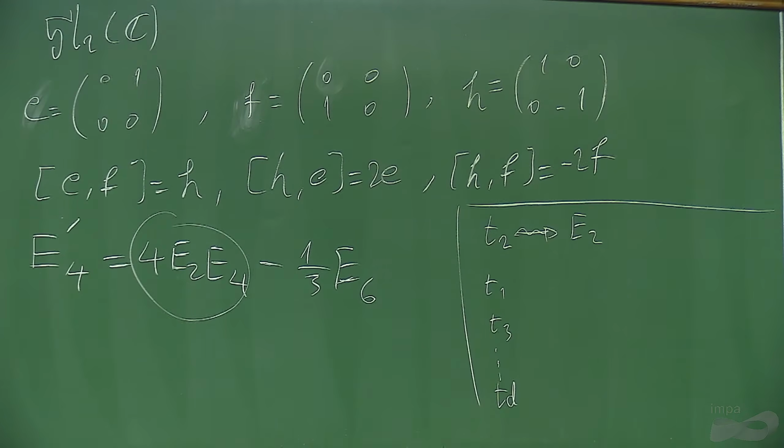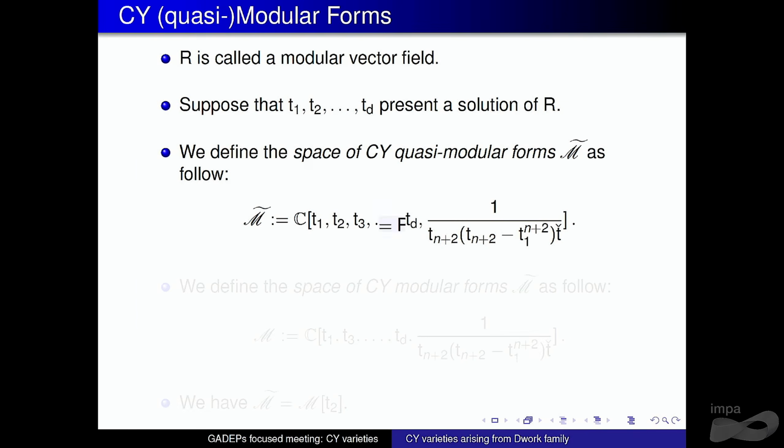So for us here, Hossein gave a definition of the Calabi-Yau modular forms today, but the definition that I'm giving now in the case of the Dwork family is a little different.